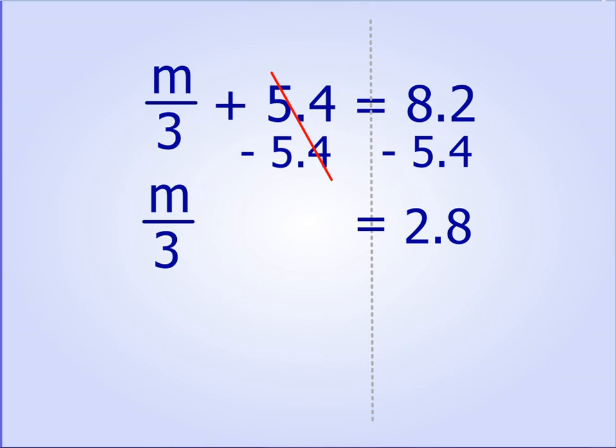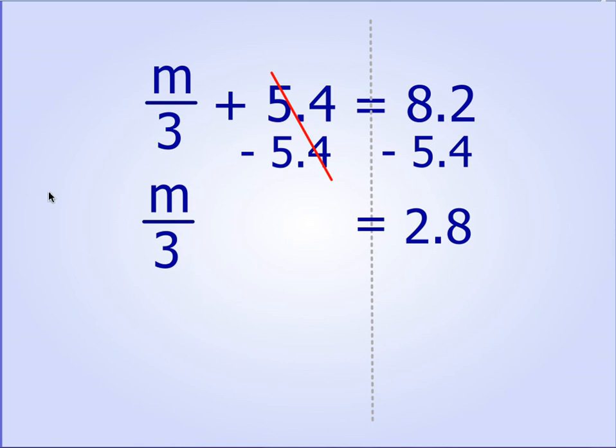This next step can be done in probably 2 or 3 different ways. I could change m over 3 into 1/3 m and use a fraction coefficient. But to make this just a little bit easier, to get m alone, we have to undo divide by 3.